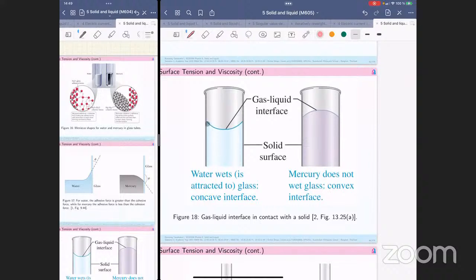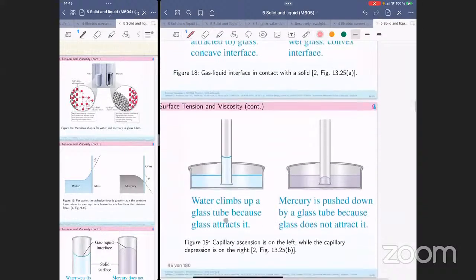Okay, this one is the concave interface and this one is the convex interface. Okay, หงายกับคว่ำนะครับ เห็นไหม and the water climbs up.